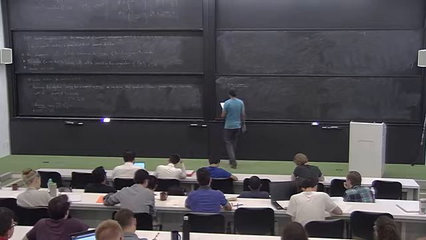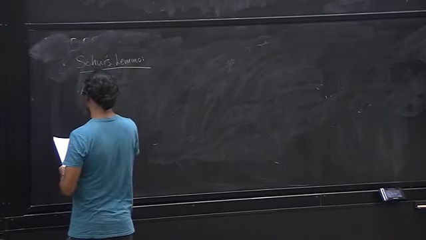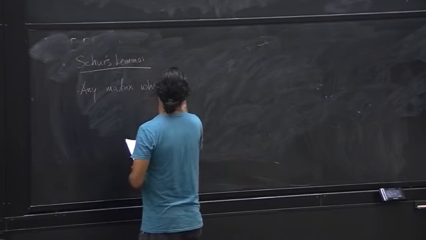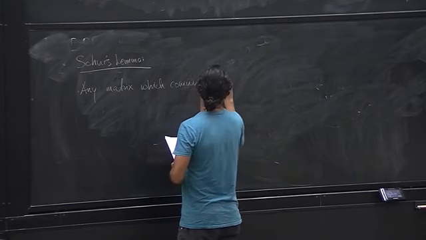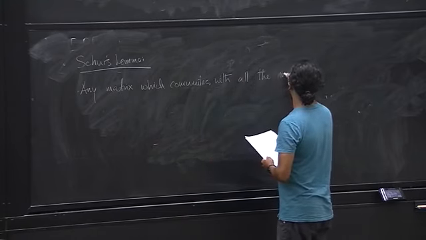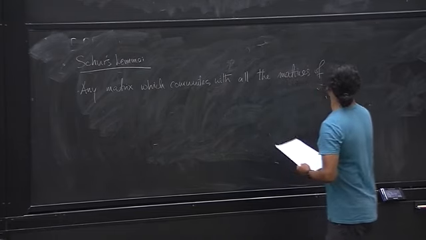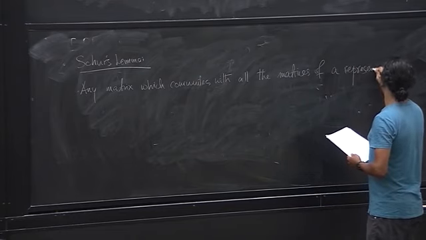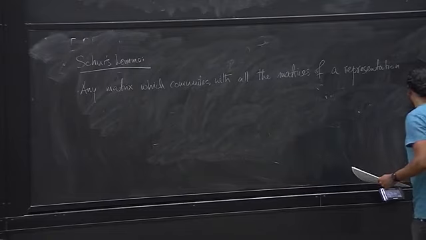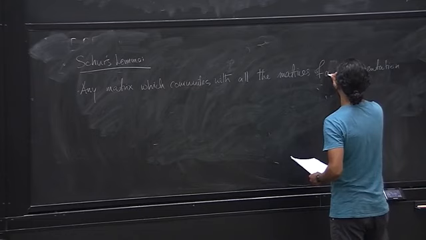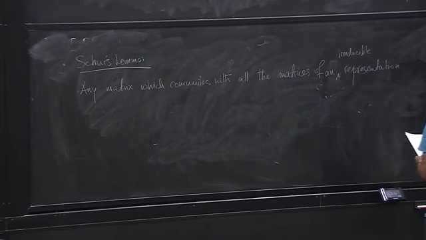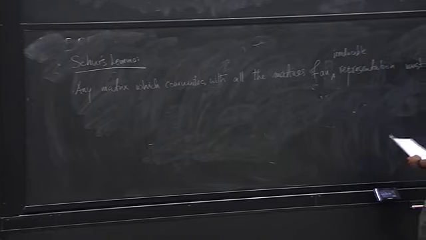And Schur's lemma tells us that, say, any matrix which commutes with all the matrices of an irreducible representation must be proportional to the identity.